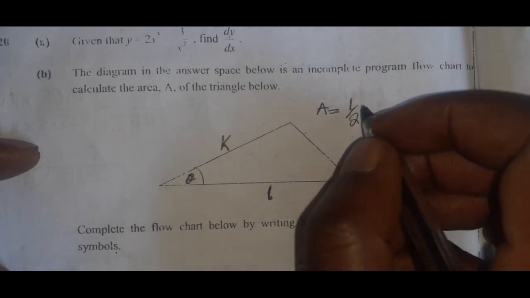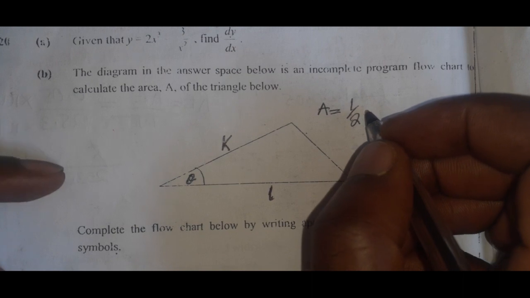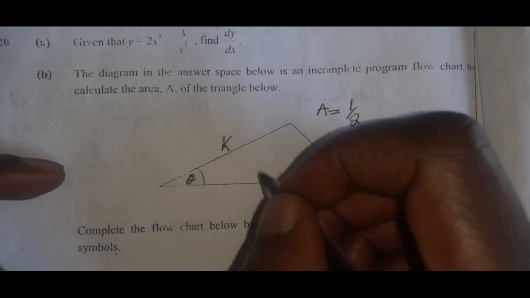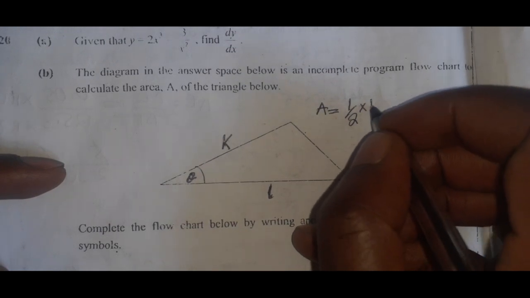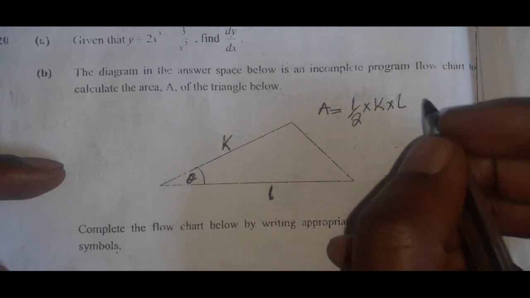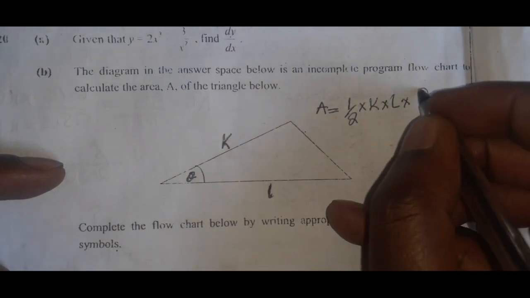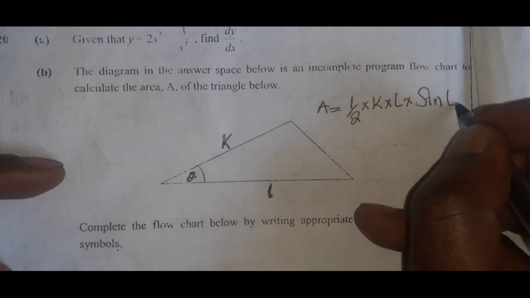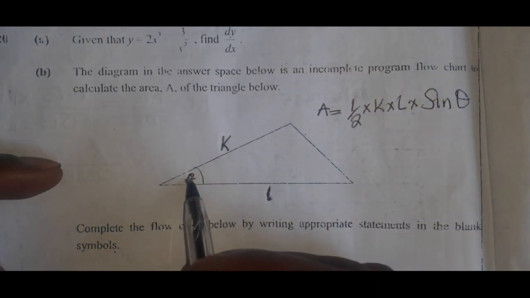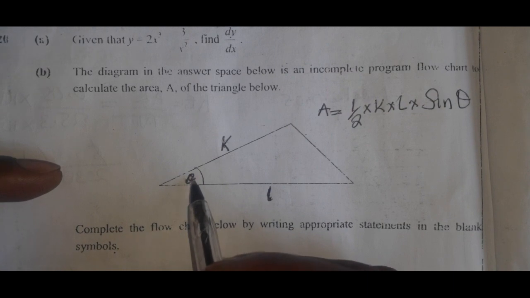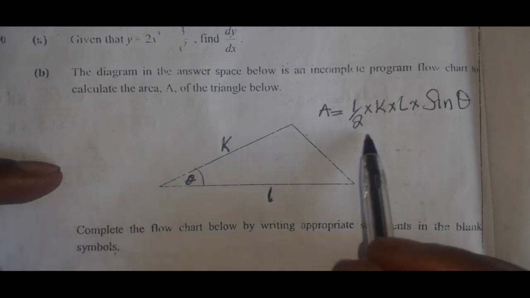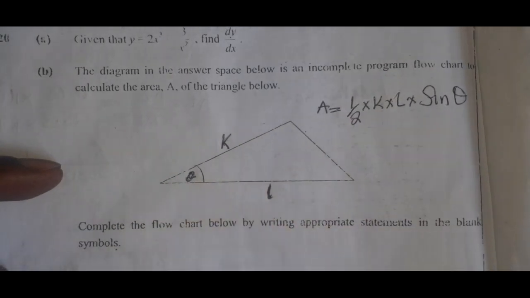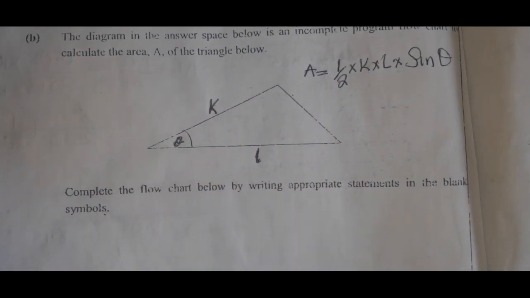Let's just think of that formula. We multiply by K multiplied by L multiplied by sine of this theta here. That's what we are going to do. This is the formula that we use, isn't it?